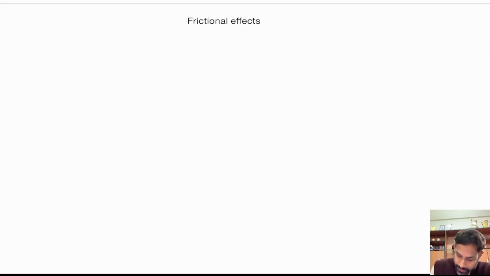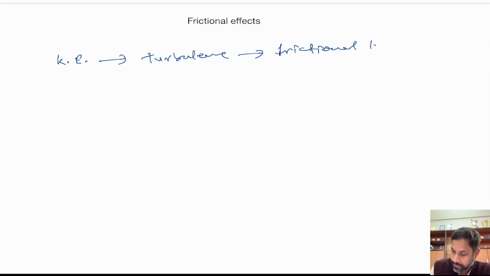So basically your kinetic energy brings turbulence, which also brings frictional losses in the system. And therefore, the entire kinetic energy does not really convert into potential energy.